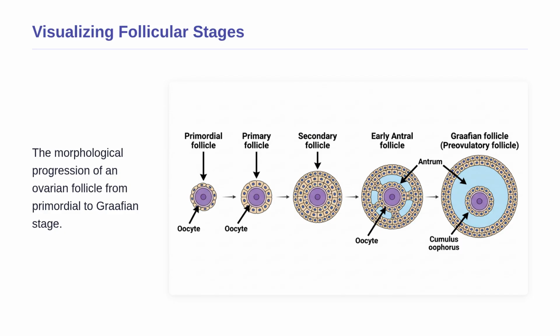Notice the early antral follicle, where small fluid pockets begin to form. Finally, on the far right, we have the massive Graafian follicle, also known as the pre-ovulatory follicle, featuring a large fluid cavity with the mature egg ready for release.